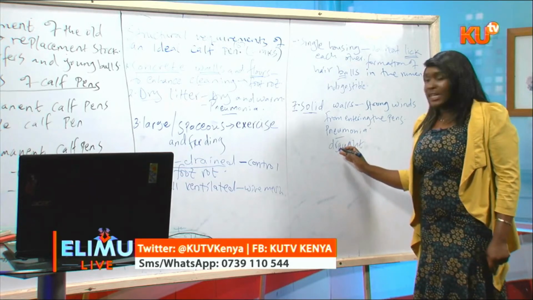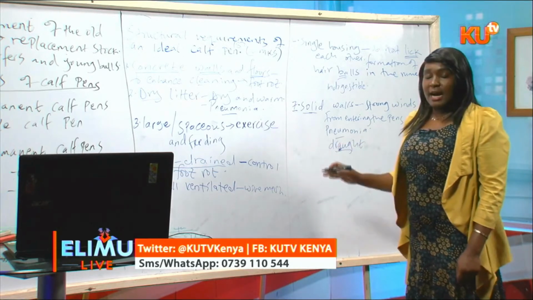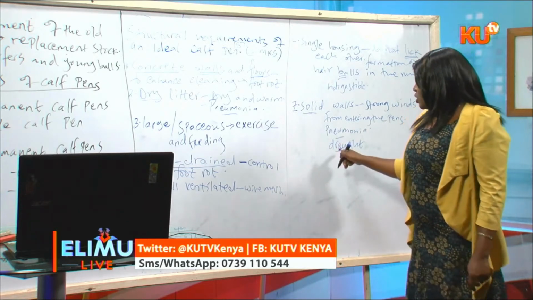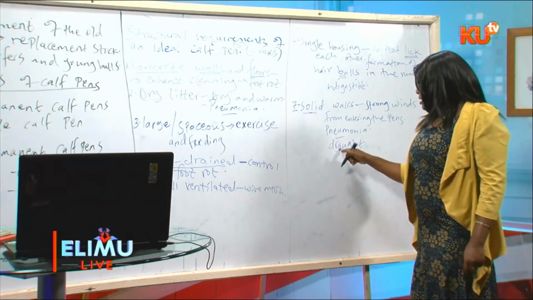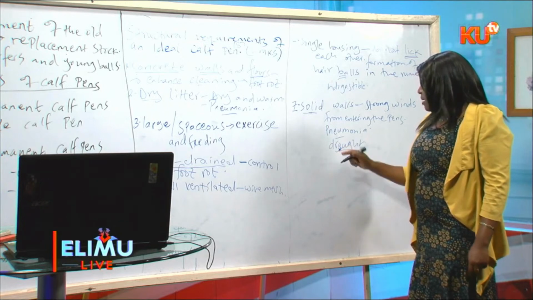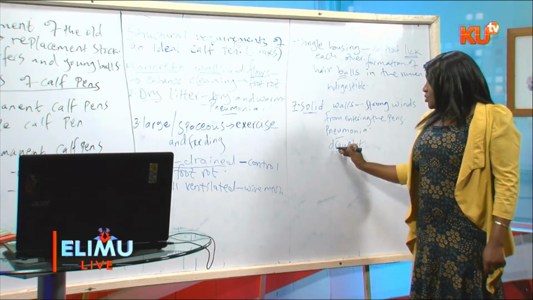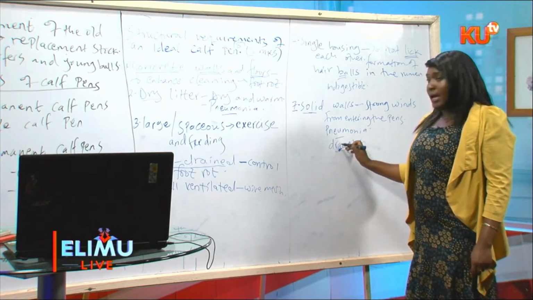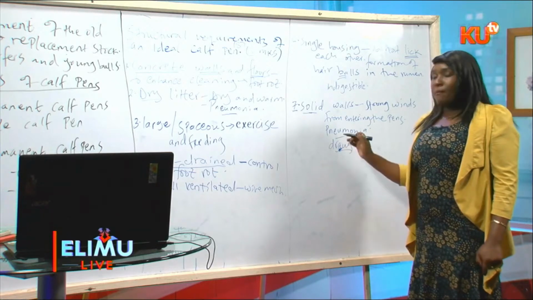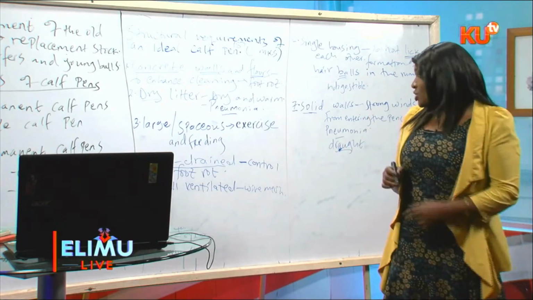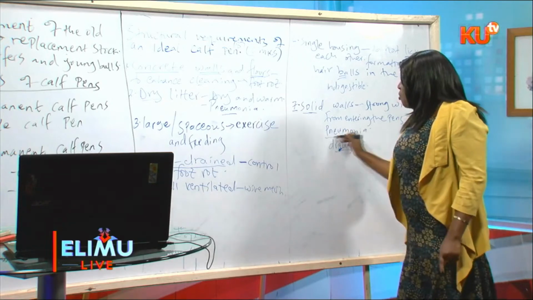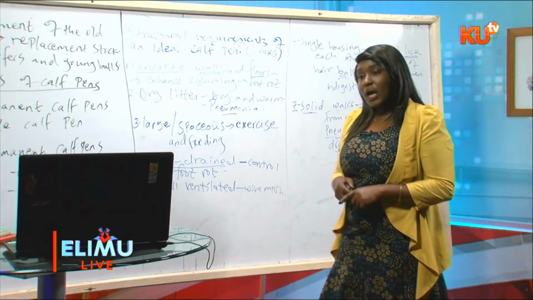Another thing we are keen on in agriculture is the spellings. You need to be keen on these spellings because they can be a problem at some point. So draught is brought about by strong winds coming from one direction that can cause pneumonia in these livestock animals.